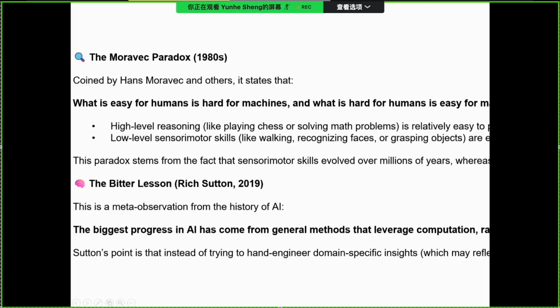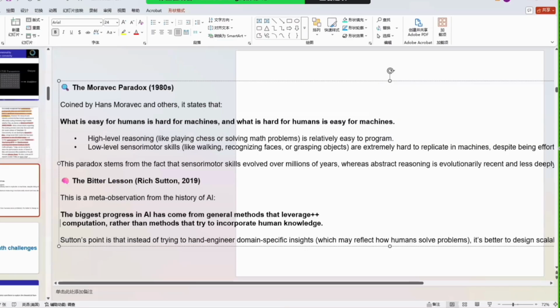And the second one, the bitter lesson from Rich Sutton, says the biggest progress in AI has come from general methods that leverage computation rather than methods that try to incorporate human knowledge. So what does it mean? It means that if you try to figure out, for instance, how many neurons should I put into the neural network to solve the problem? Or if I have to build some kind of activation function to switch from 0 to 1 or from 1 to 0, what is the best function that will do this switching?